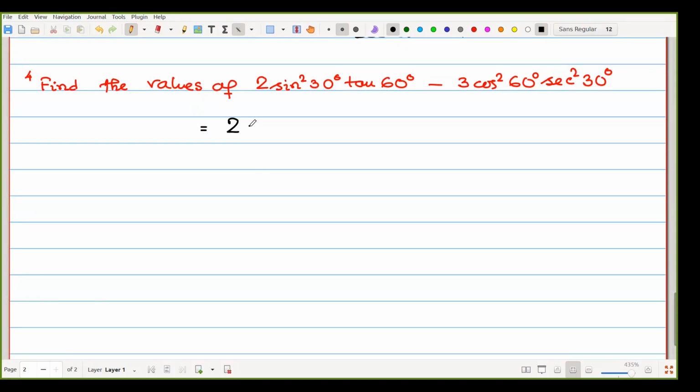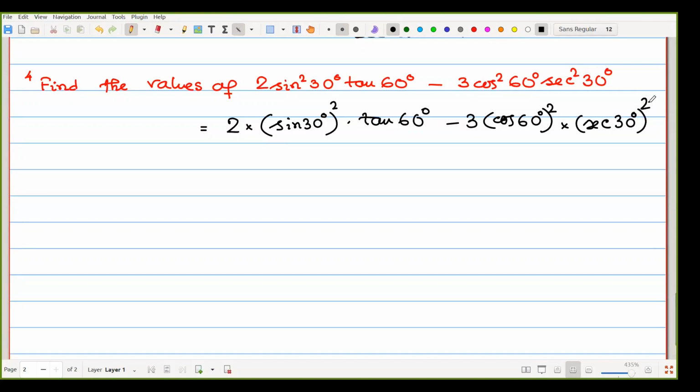2 of sine square 30 degree, that means sine 30 degree its whole square, into tan 60 degree, minus 3 cos square 60 degree, means cos 60 degree its whole square, into sec square 30 degree, sec 30 degree its whole square. Okay, so check the values at first.